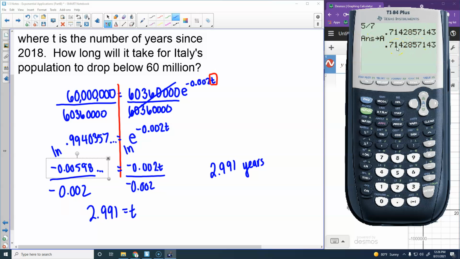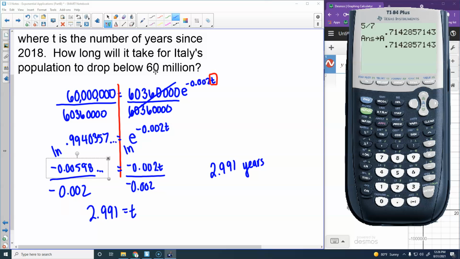So when you're doing what it says, how long it takes to drop below, could you not do like 59,999,900? I see what you're saying. Taking, instead of doing equals, literally just subtracting 1 so it's below it.